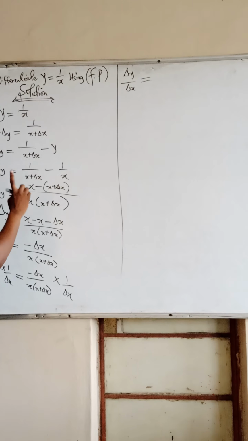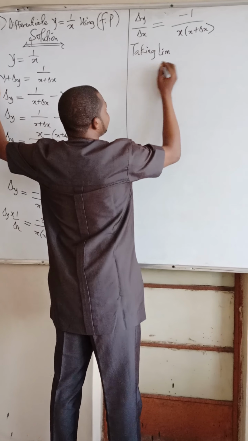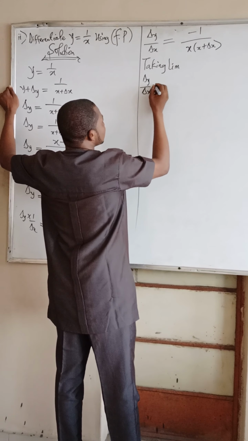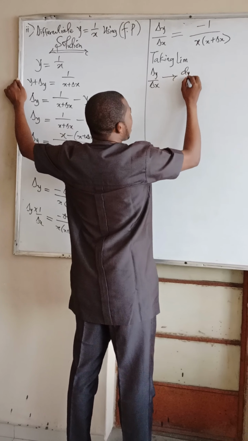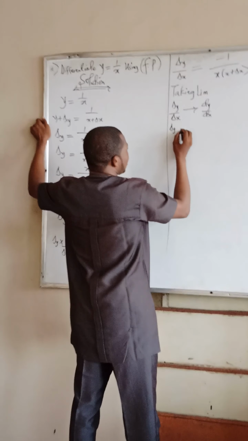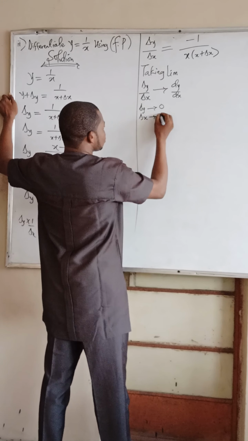So at this point, we take our limit. Once you have divided by change in x, the next step is to take the limit of the function. Taking limit, we say change in y over change in x tends to dy/dx. We must know this. And so change in y on its own tends to 0. Change in x also tends to 0.